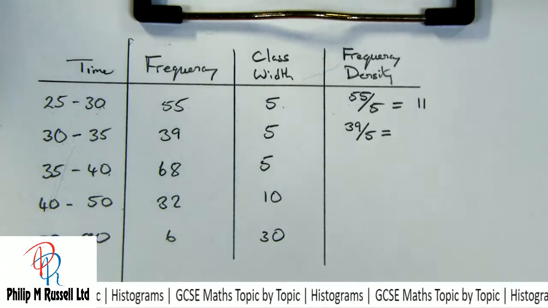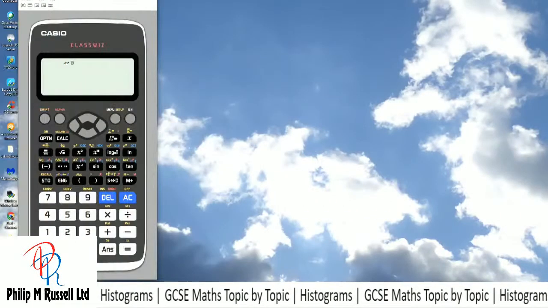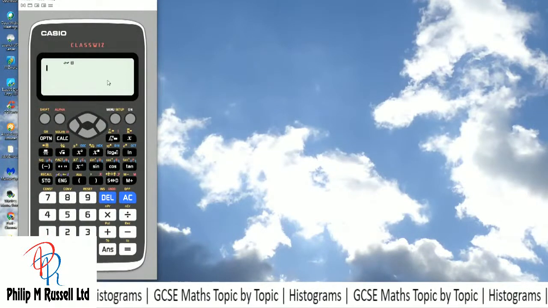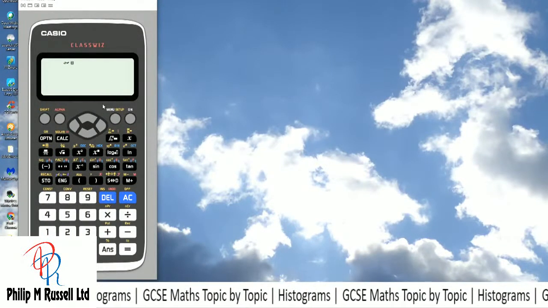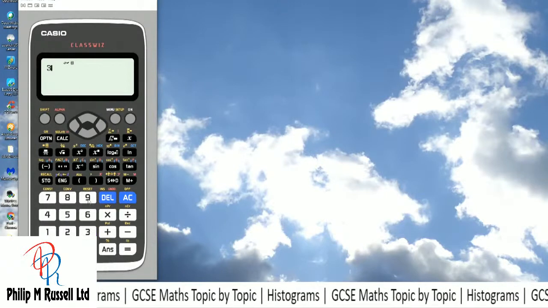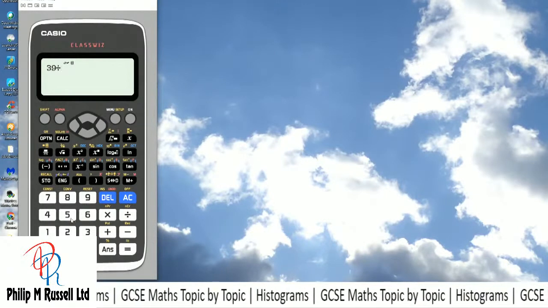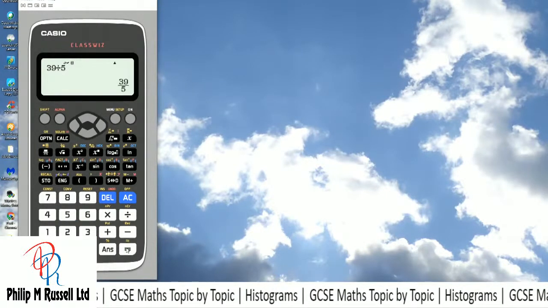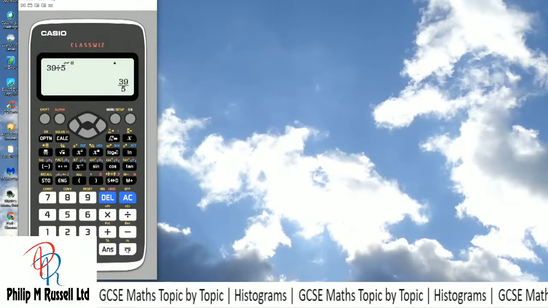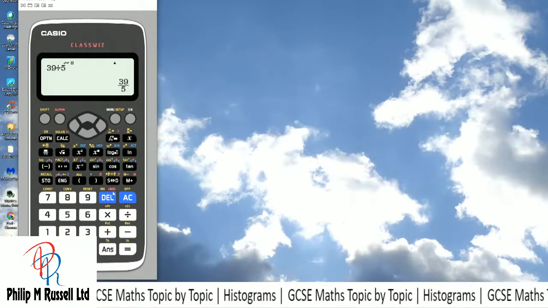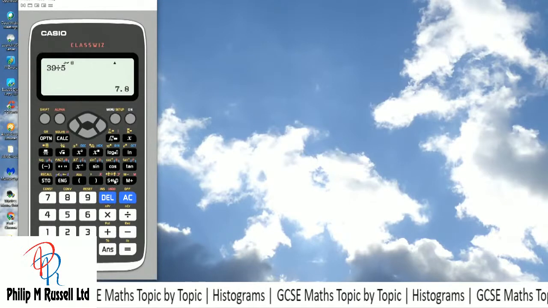So for that I've got to do some work. So I've got to do simply 39 divided by 5. 39 over 5, really useful calculator, 7.8.